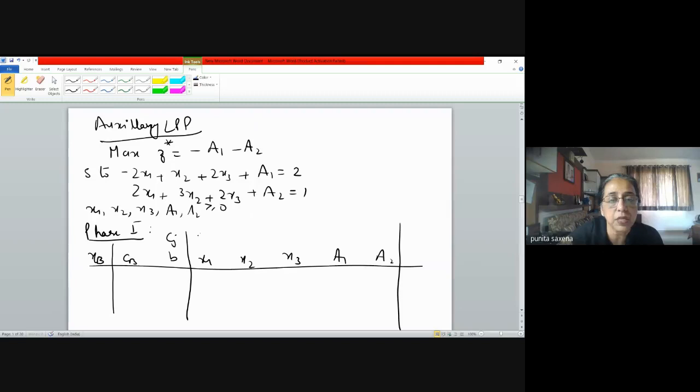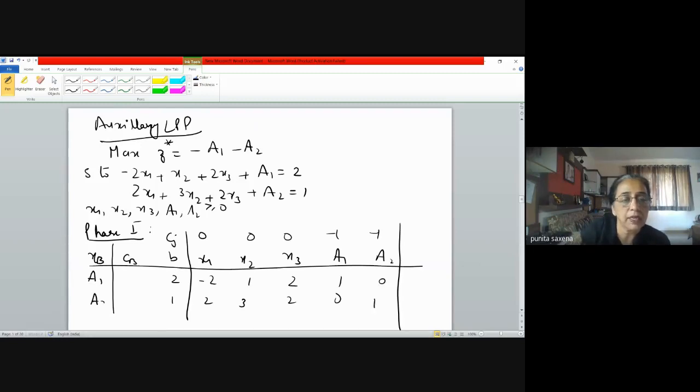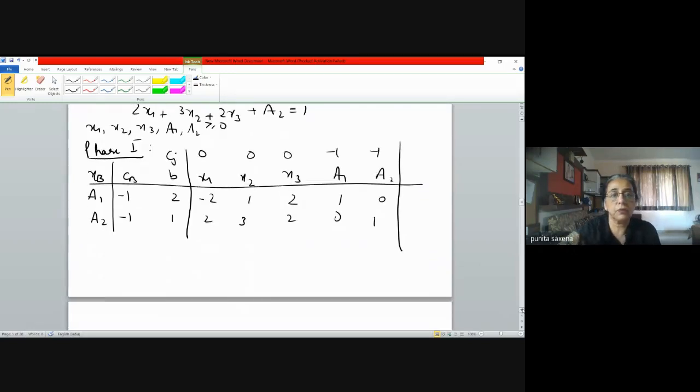And my coefficients are going to be 0, 0, 0, -1 and -1, right? Now, what about your B's? 2, 1, then -2, 2, 1, 3, 2, 2, 1, 0, 0, 1. So your basic variables are now A1 and A2 with coefficients -1 each. Am I right? This will be your first table for phase 1.